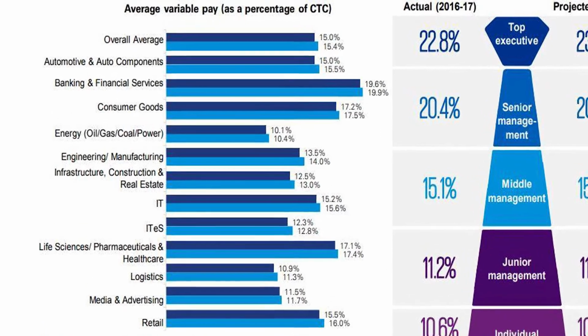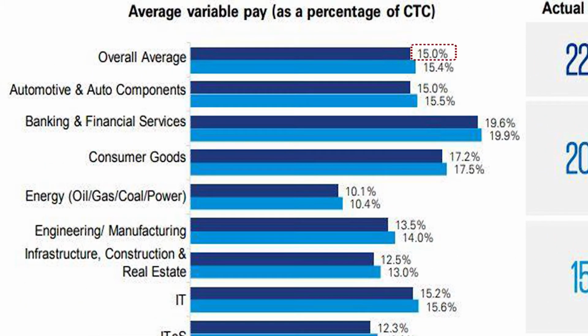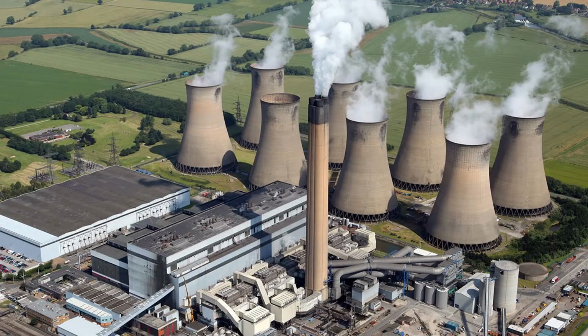It says that the average performance pay projection has increased from 15% in 2016-17 to 15.4% in 2017-18. The highest variable pay as a percentage of employees' cost to the company, or CTC, is reported by the banking and financial services sector, and the lowest by the energy sector, that is oil, gas, coal, and power.